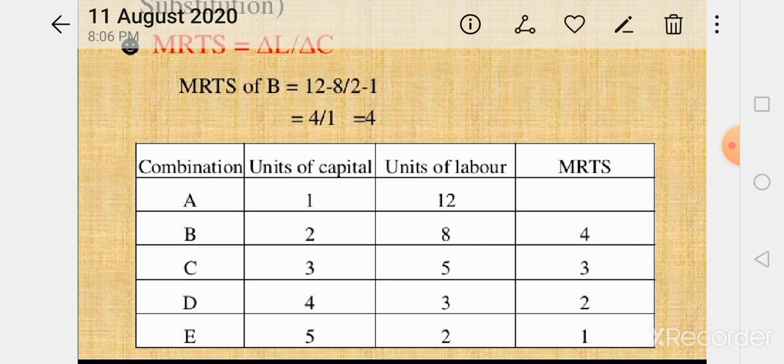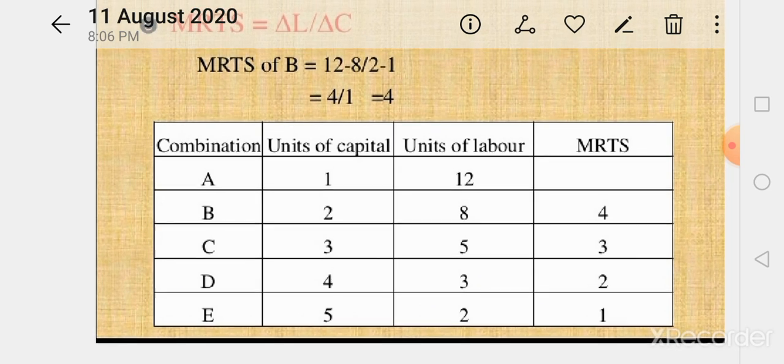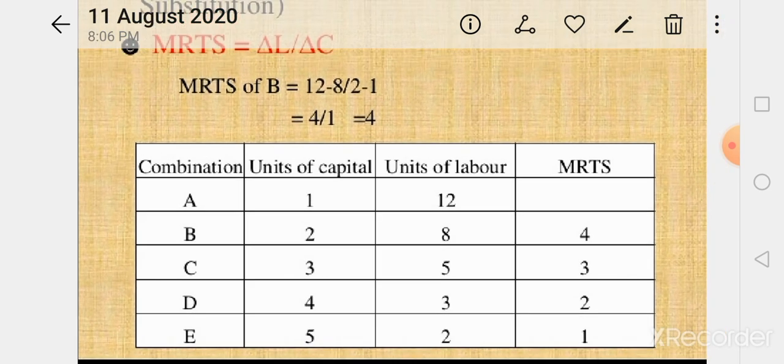That gives the marginal rate of technical substitution as 3. Like that for D, 5 minus 3 by 4 minus 3 gives 2.